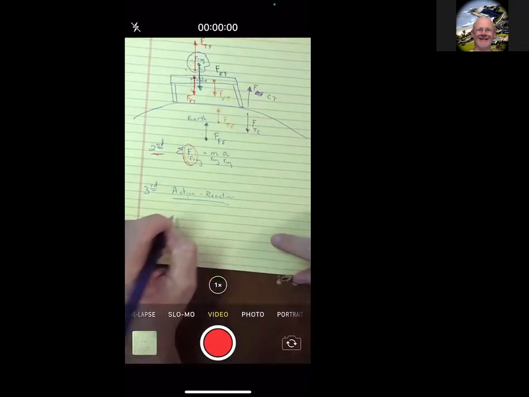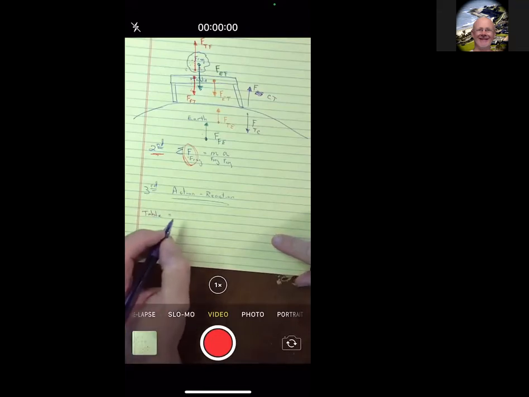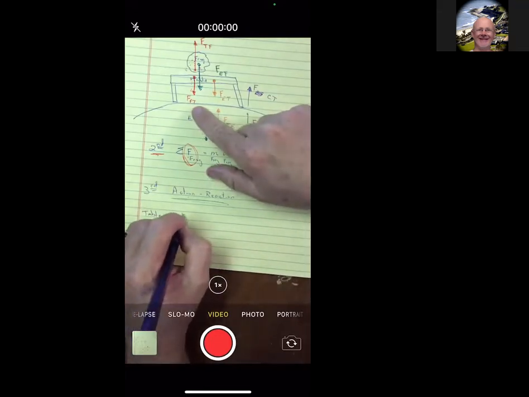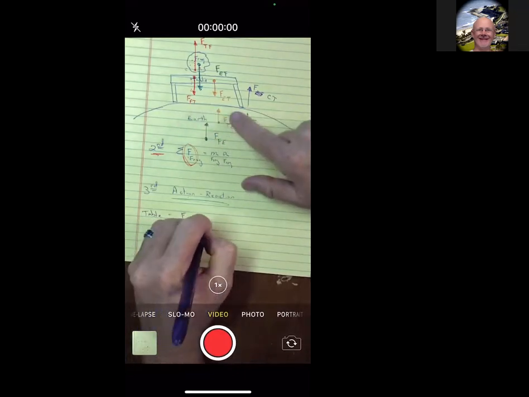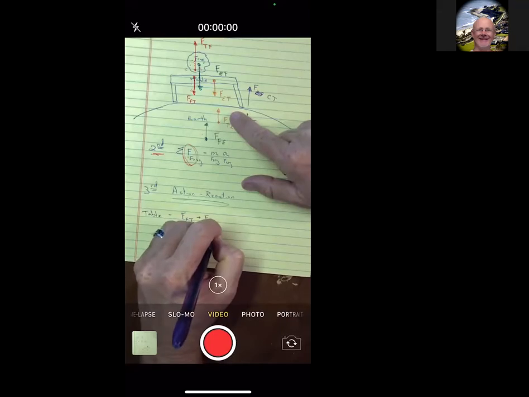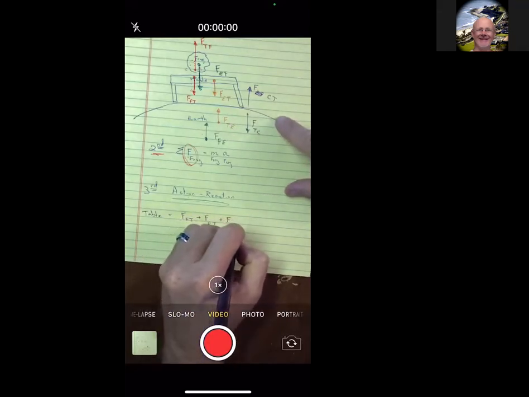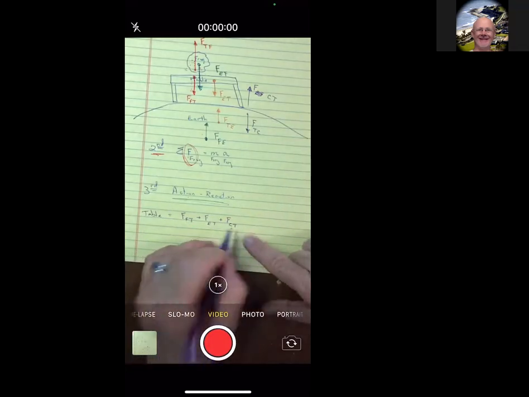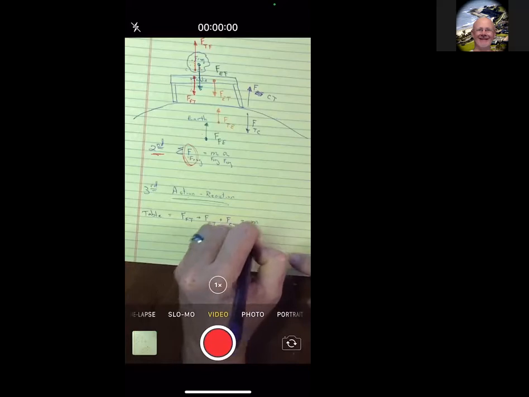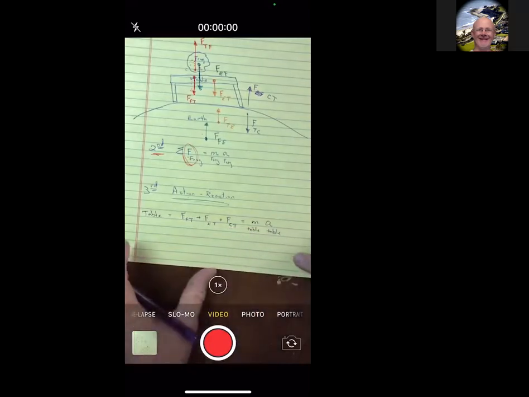For the table, I would have the force from the frog on the table, the force from the earth on the table, and the force of contact on the table. Notice it's all the forces on the table. And then that would have to equal the mass of the table times the acceleration of the table.